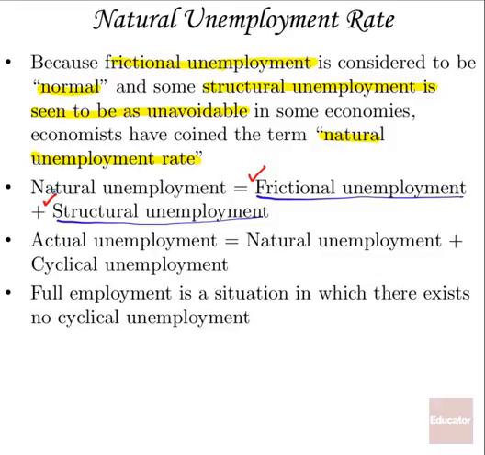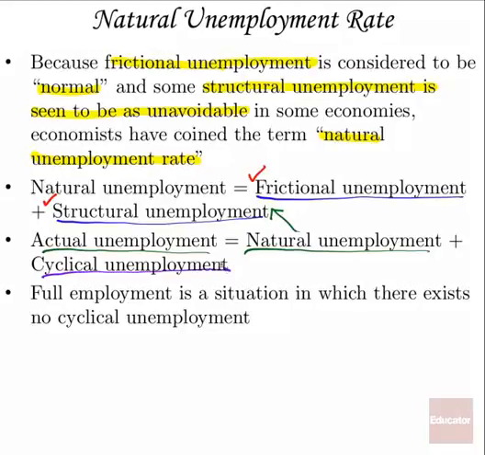Anything above and beyond would be unemployment due to a recession or downturn in the economy. And so you have the actual unemployment versus the natural unemployment. The actual unemployment is the natural unemployment, which is the frictional plus structural, and then you simply add the cyclical unemployment.